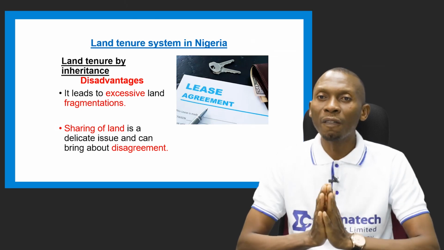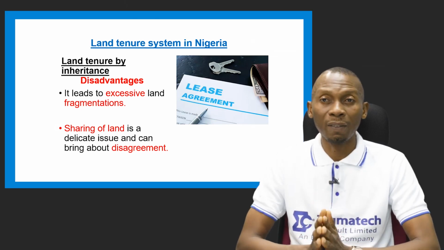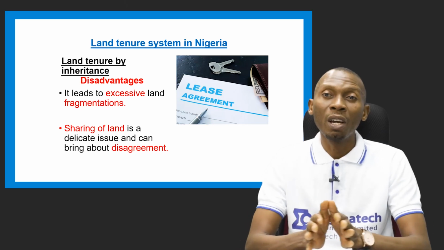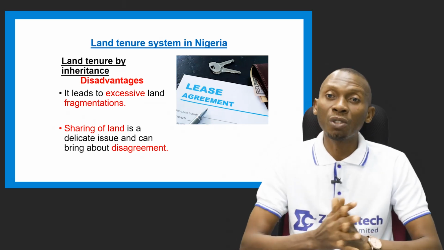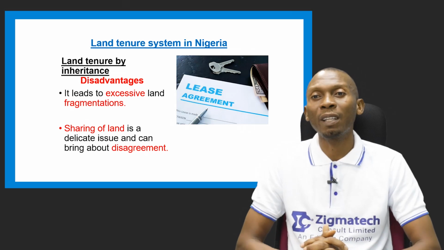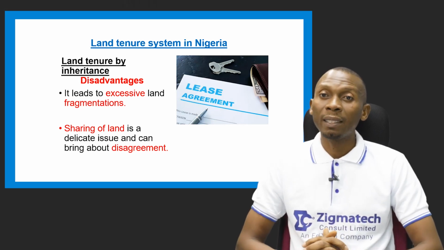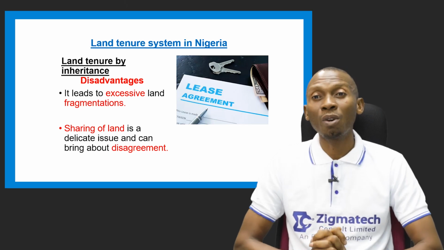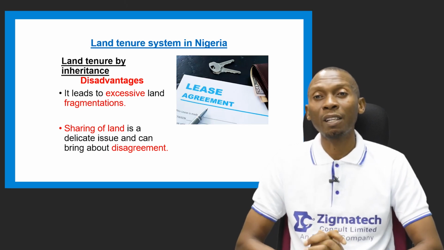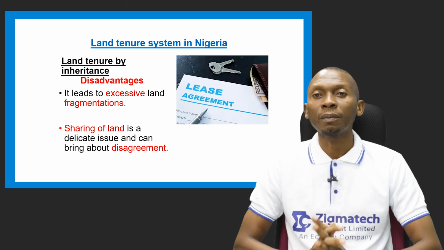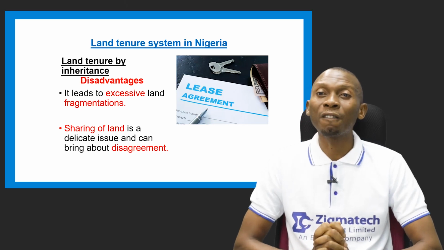So he now has to divide his land into various portions, so that all his children can obtain at least a piece of land from him. That's fragmentation. That's a disadvantage, especially when it comes to commercial agriculture or large-scale farming. So it leads to excessive land fragmentation.